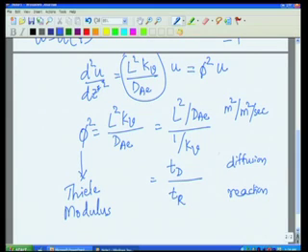So, Thiele modulus is actually the ratio of diffusion time to reaction time. So, now we can qualitatively characterize reactions as follows.